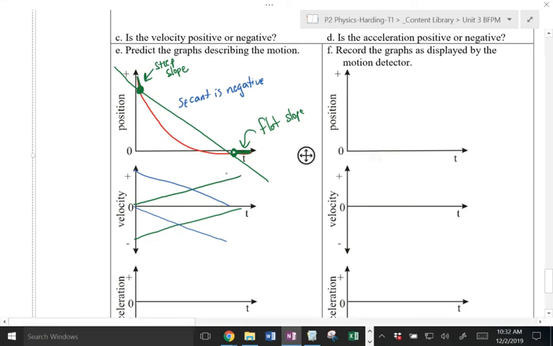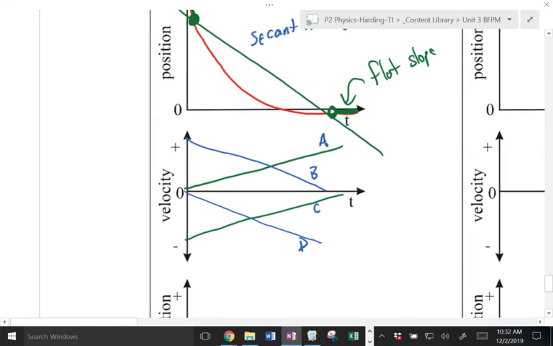Let's call this graph A, this graph B, this graph C, this graph D. Are you thinking A, B, C, or D for the velocity graph?